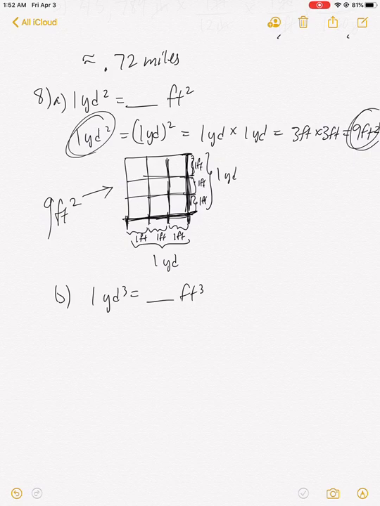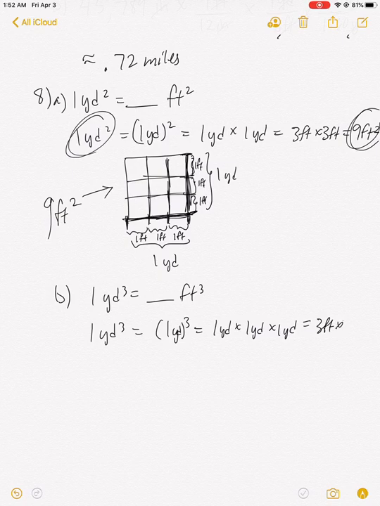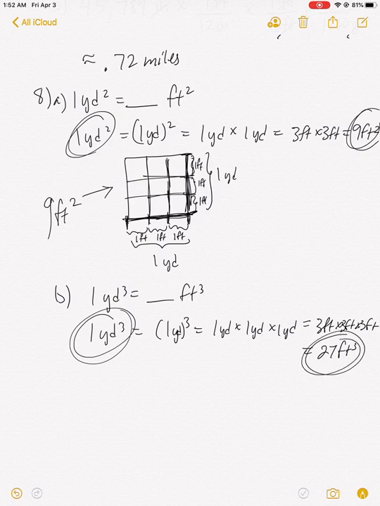Same thing with the cubic units. 1 yard cubed is the same as 1 yard times 1 yard times 1 yard, which is the same as 3 feet times 3 feet times 3 feet, which equals 27 feet cubed. So 1 yard cubed is equal to 27 feet cubed.